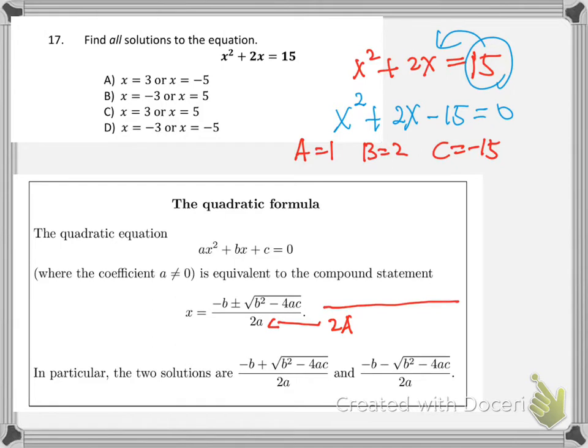Numerator, first negative b. It's not b, it's negative b. And then plus or minus. Okay, we have two solutions. Plus gives us a solution, x1. And minus gives us a solution, x2. Plus minus a radical. What's inside the radical? It is b squared minus 4ac.